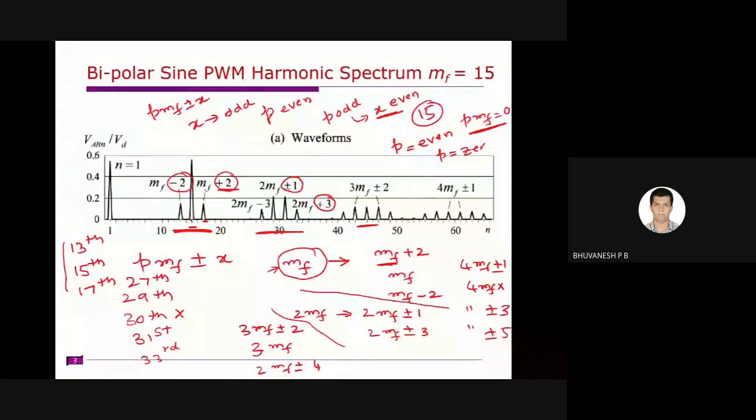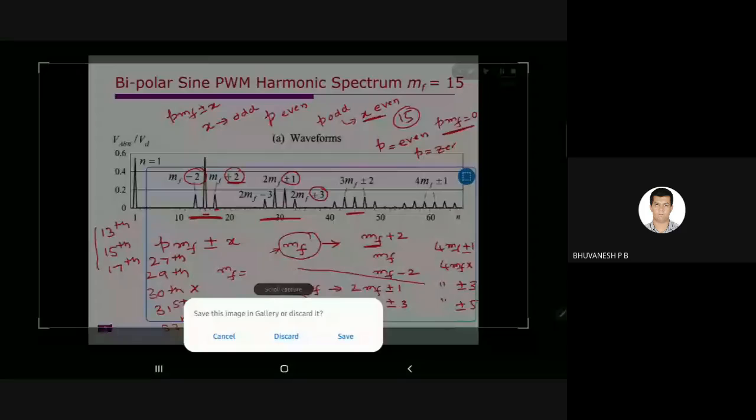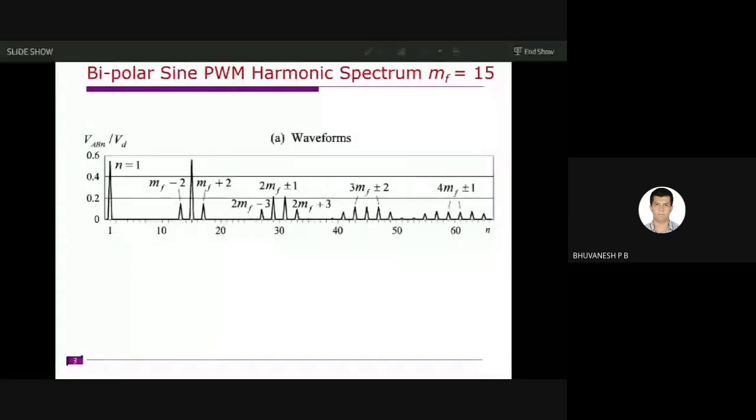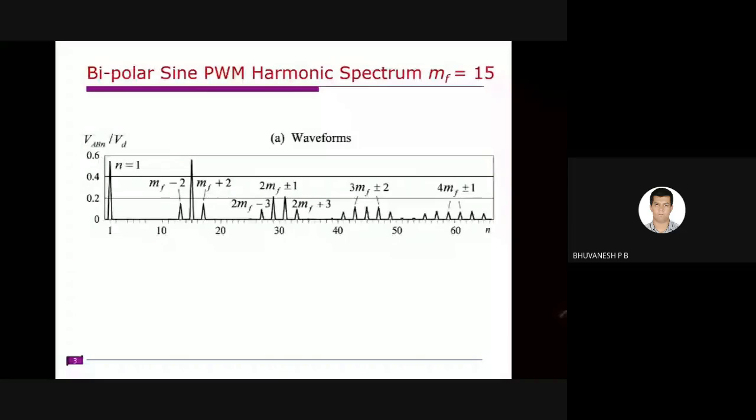So why are we doing all this analysis? For example, we already discussed that we have harmonics at the 13th, 15th, and 17th order, no harmonic at 30, and harmonics at 27, 29, 31, and 33, and so on.